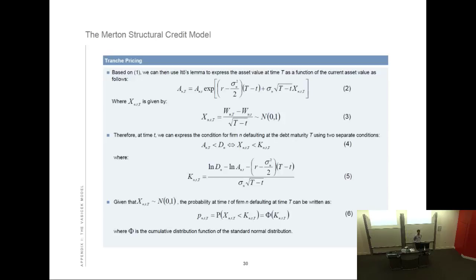Because we know default happens if assets fall below a certain threshold. The assets are normally distributed, so the default probability is something we can calculate with a standard normal distribution function. And that's the function 6 on the bottom of this chart.